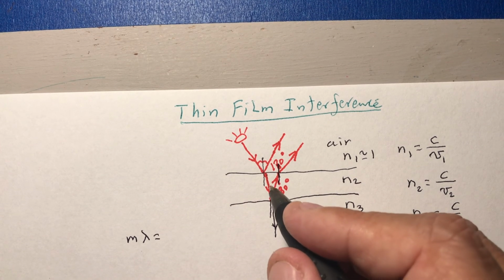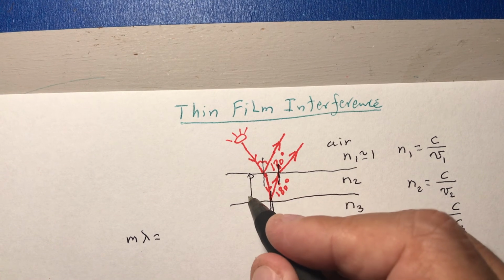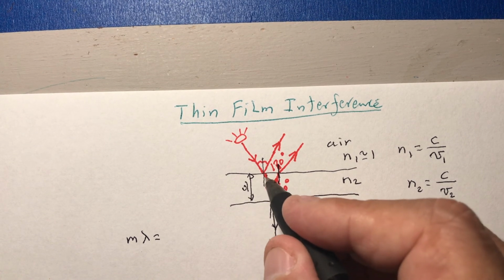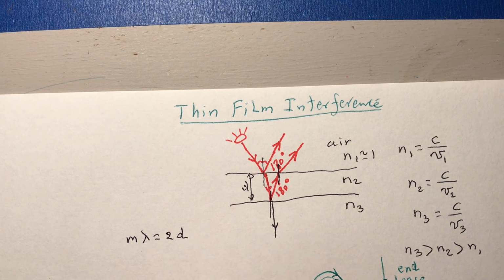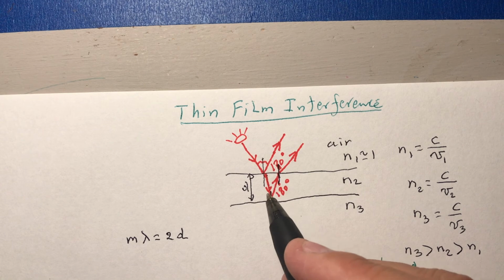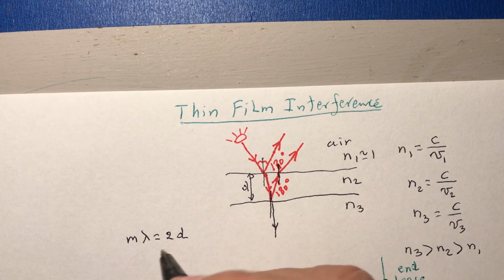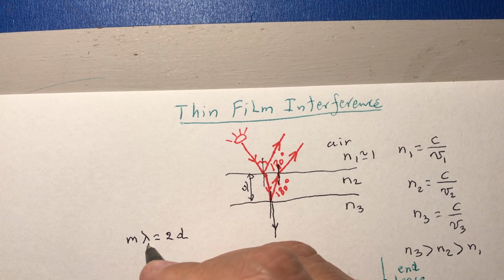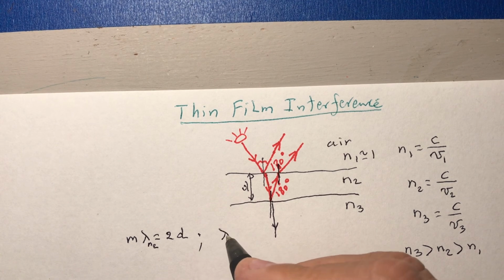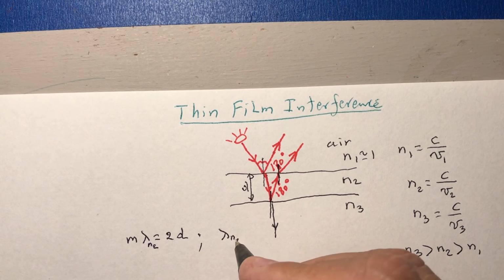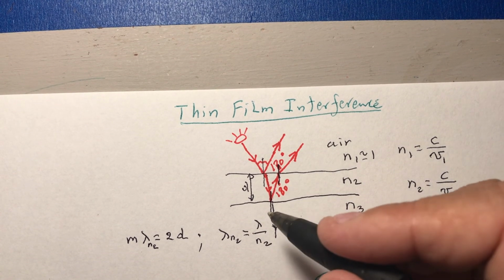Now these angles are so small that I can consider this path D. This one is D and that one is 2D, so I put 2D. So m lambda is 2D. But the wave here, I need to put lambda n2, because lambda n2 is equal to lambda over n2.